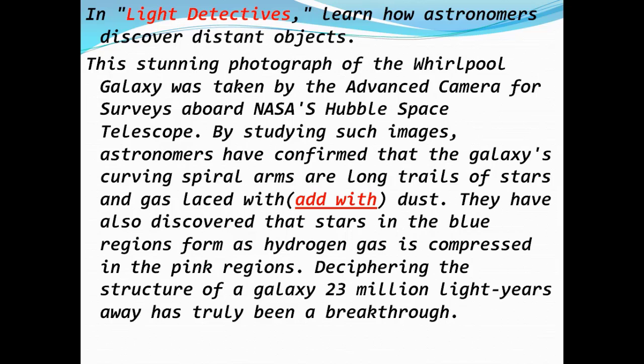Laced with means mixed with. A trail of stars means they are spread out all over. Curving spiral means they are in the motion of a spiral, so it looks like a whirlpool and it is moving. But these consist of and contain gas laced with dust also.